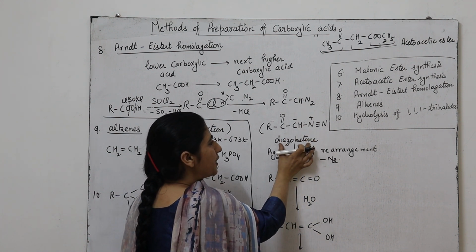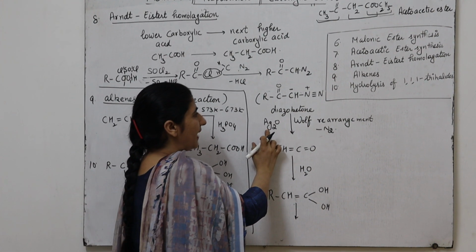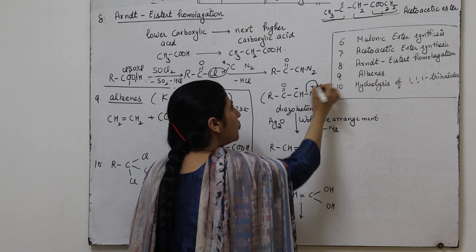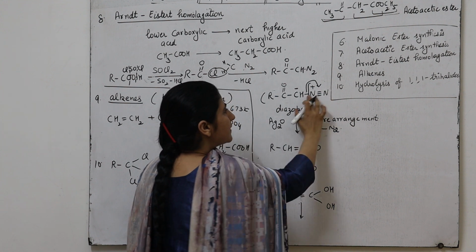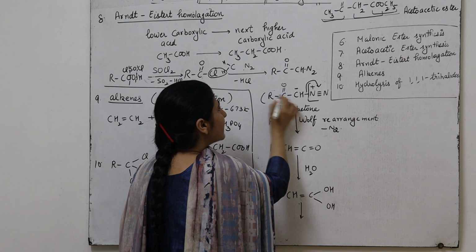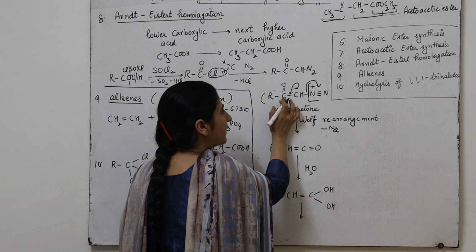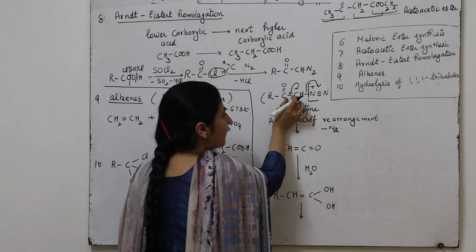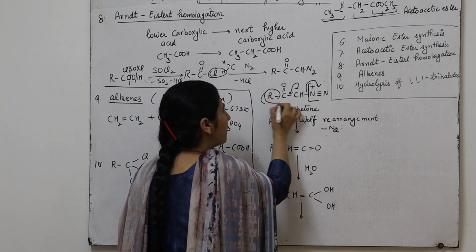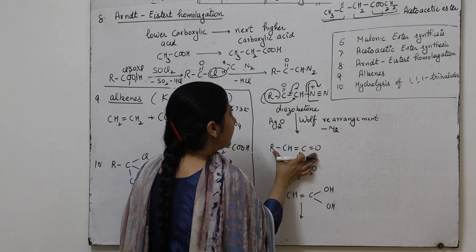Again, this diazoketone undergoes Wolff rearrangement in the presence of silver oxide. In this case, both nitrogen atoms are eliminated in the form of N2, and the negative charge present migrates toward this carbon atom, resulting in the formation of a carbon-carbon double bond, and this alkyl group migrates to this carbon atom, and we get a ketene.